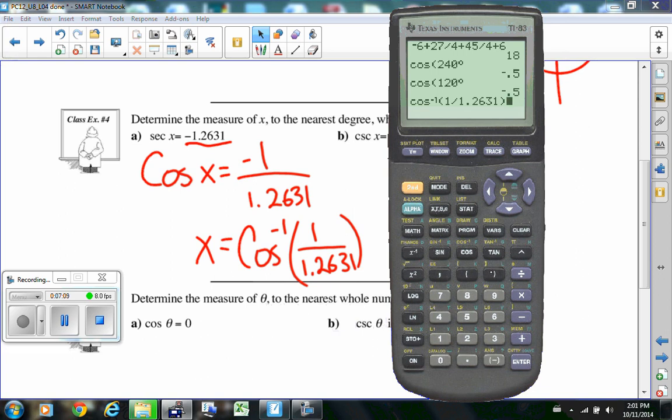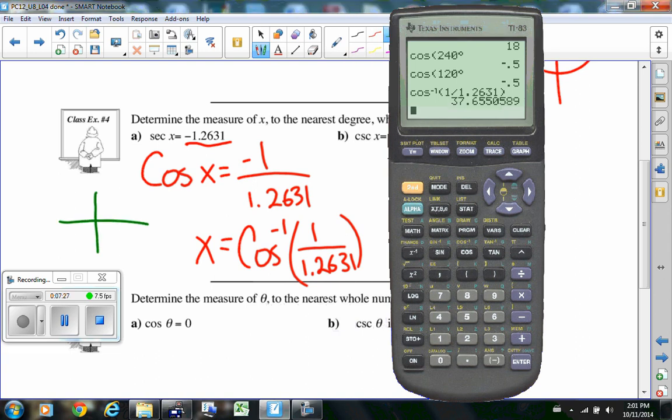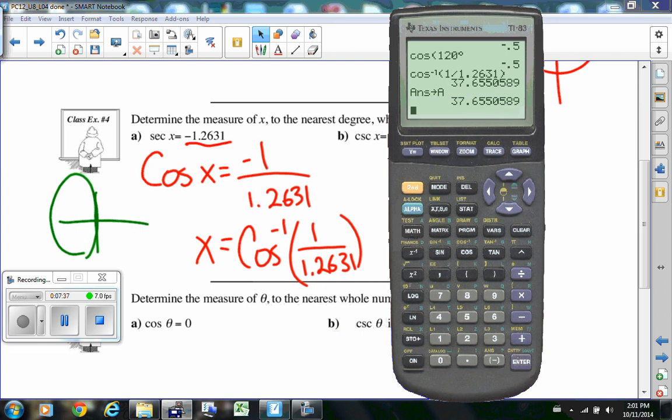What we always want to do when we're using our calculator is just get the reference angle. And to get the reference angle, we always use the positive value. So my reference angle is going to be this 37.7 degrees. And I need to see which quadrants I need cosine in. Cos is the x, and I need it to be negative, so I'm going to be right here. So my two angles are going to be 180 minus that value, or 180 plus that value.